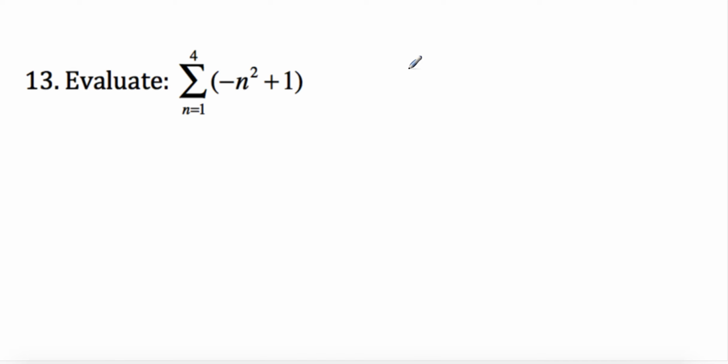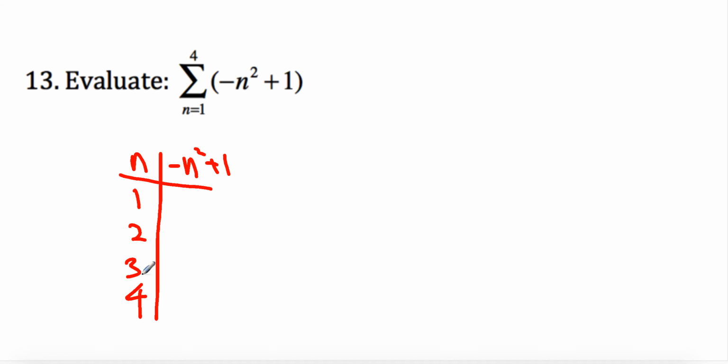Number 13. All you have to do is plug in 1 through 4 in this expression. So let's call this one n, and we have negative n squared plus 1. So when I plug in 1, we get negative 1 squared plus 1, which is equal to 0. If I put 2 over here, then we get negative 2 squared plus 1, which is equal to negative 3.